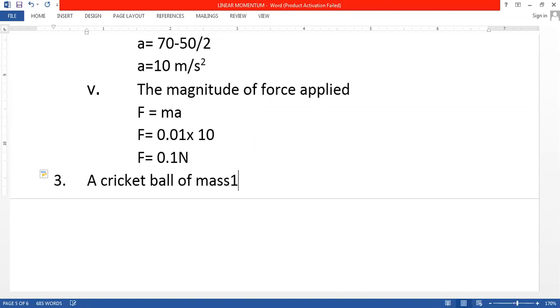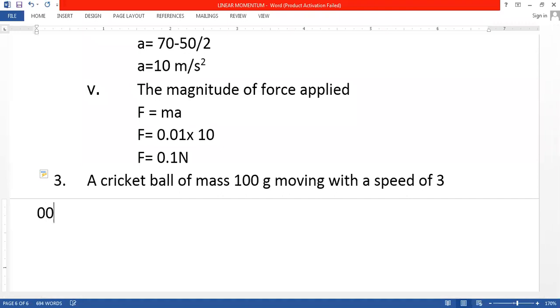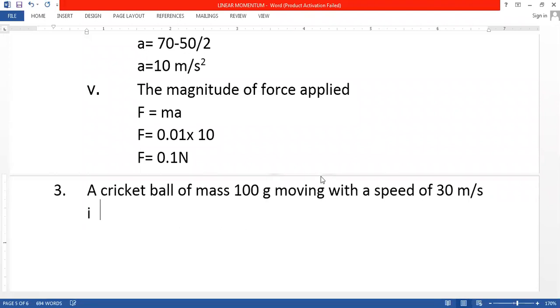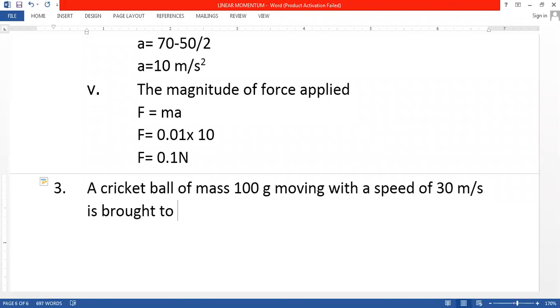A cricket ball of mass 100 grams, moving with a speed of 30 meter per second, is brought to rest by a player in 0.03 seconds.